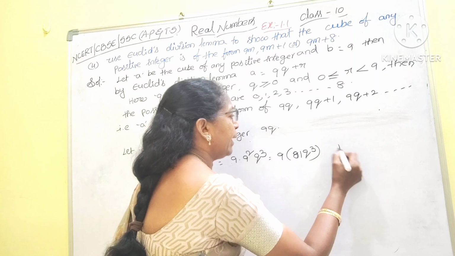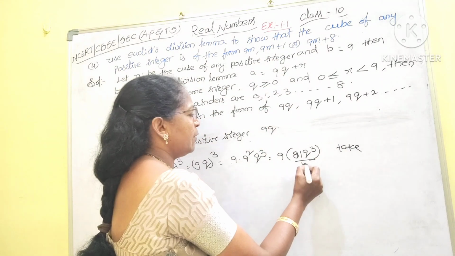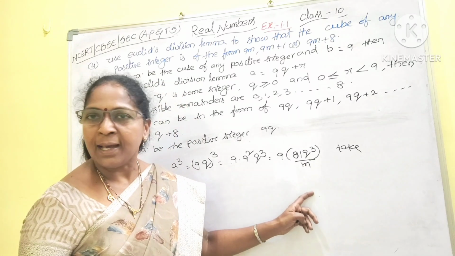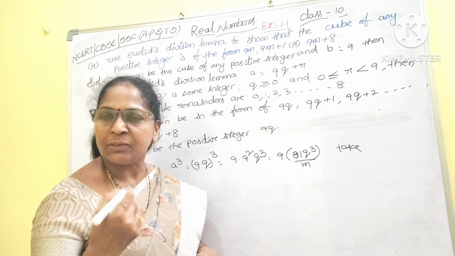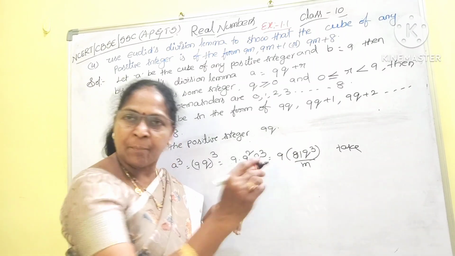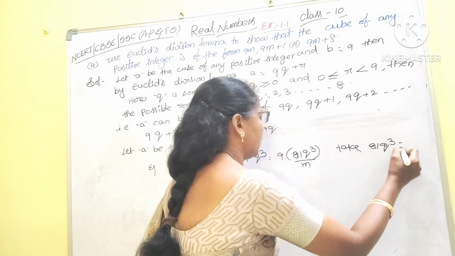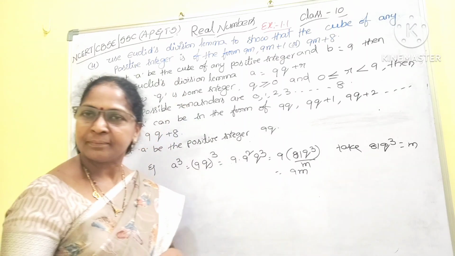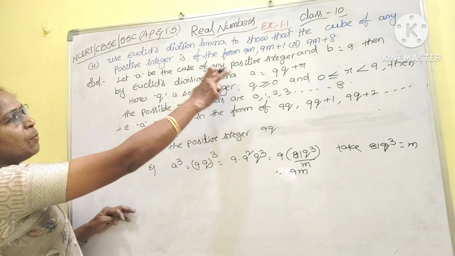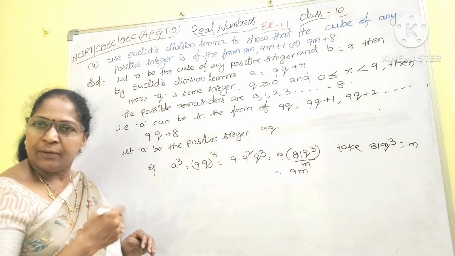Now take this value as m, because you have to show the value is 9m. The cube of a positive integer is in the form of 9m. So take 81Q cube equal to m, then it will become 9m. Like that, in the form of 9m plus 1 or 9m plus 8, you can show that.